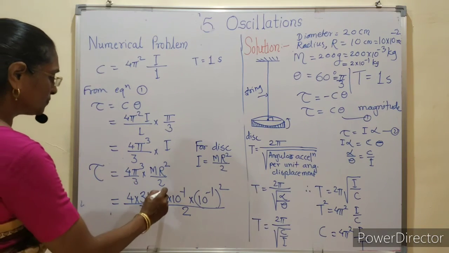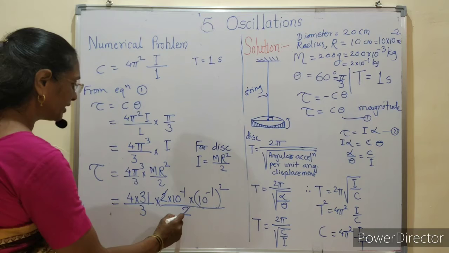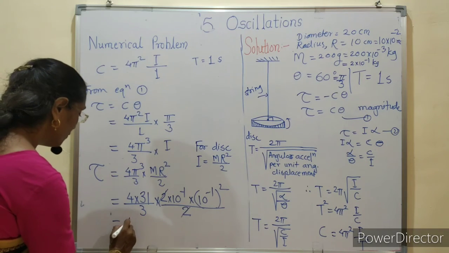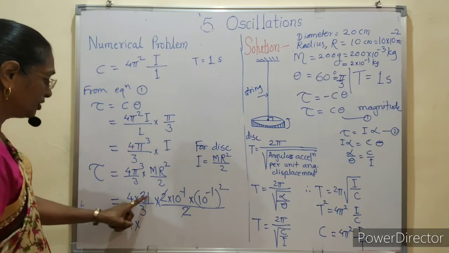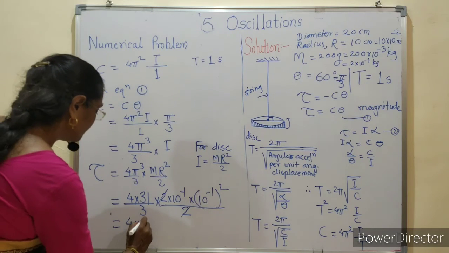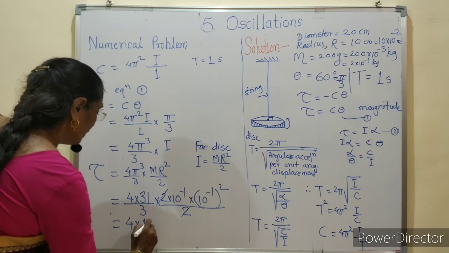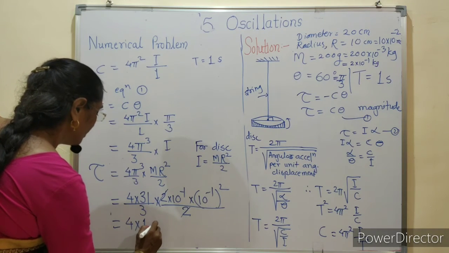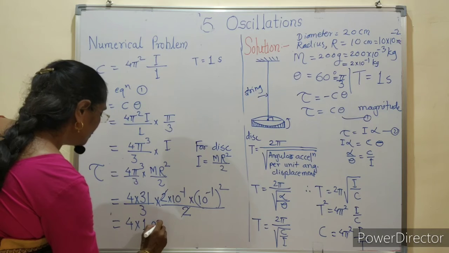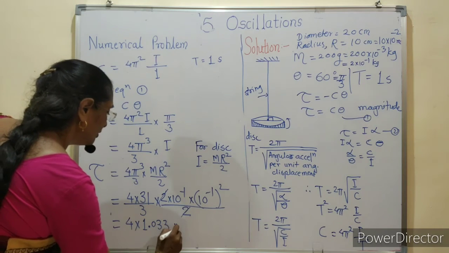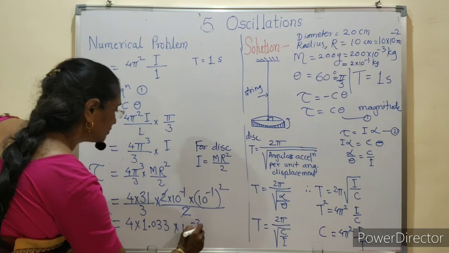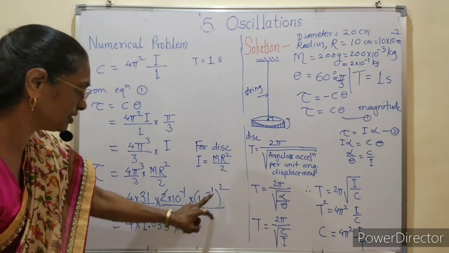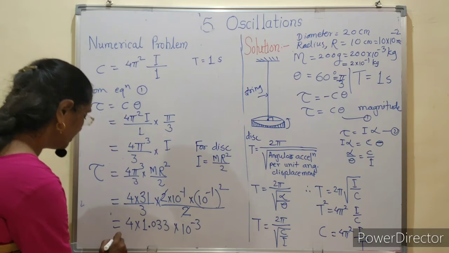Simplification gives us 2 will get cancelled. 4 into 31 divided by 3 is 41.33, multiplied by 10 raised to minus 3, and 10 raised to minus 1 squared is 10 raised to minus 2.